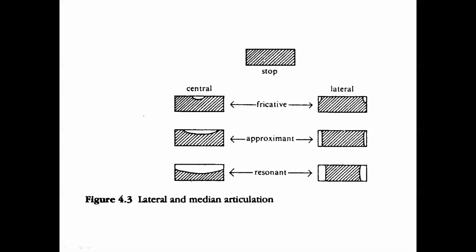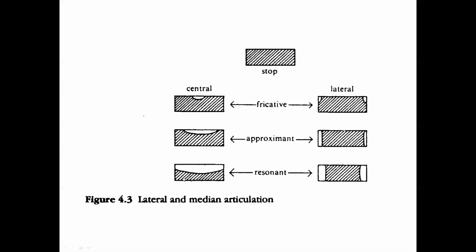If you're making a stop, a sound like t or d, at a certain point your tongue is in the way. Nothing's getting out from the airflow coming out of your lungs. But with other types of sounds, like s, it's shaped like this. There's a little gap there where air can travel out. With approximants, that gap starts getting wider. And with resonant or vowel sounds, you've got a lot of room over the center of the tongue for air to escape through.